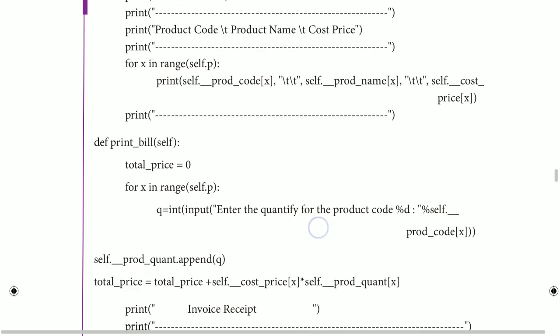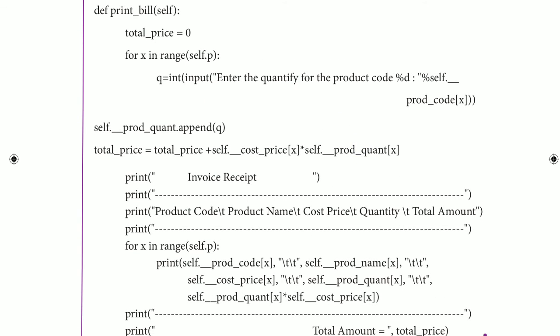The next thing is append, which will add the quantities to the product, and it will calculate the total value.